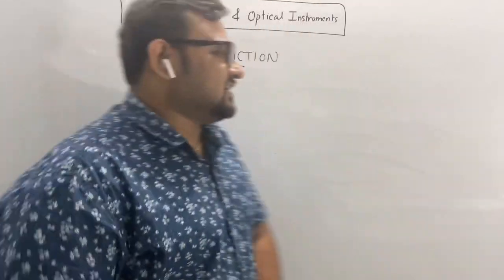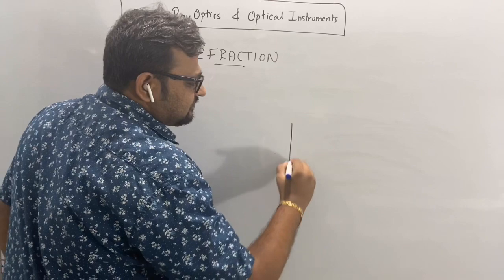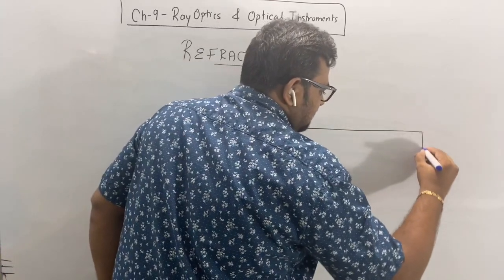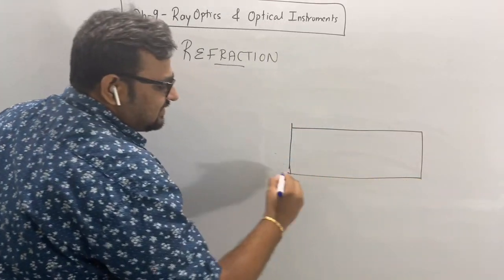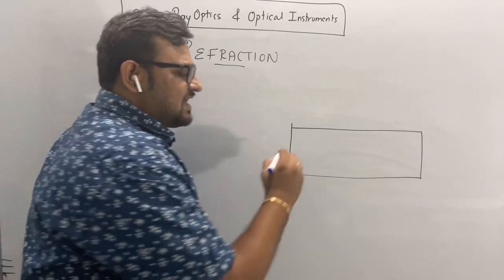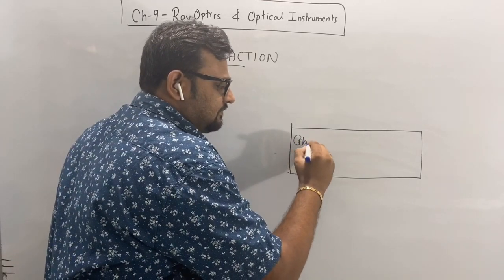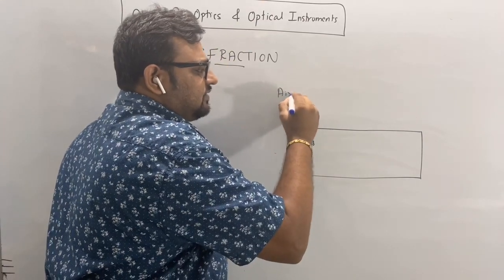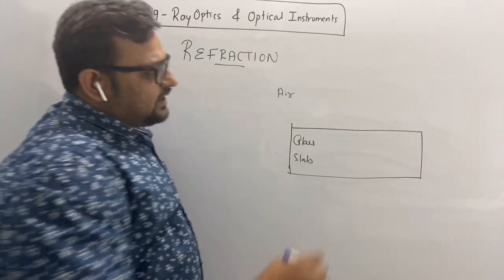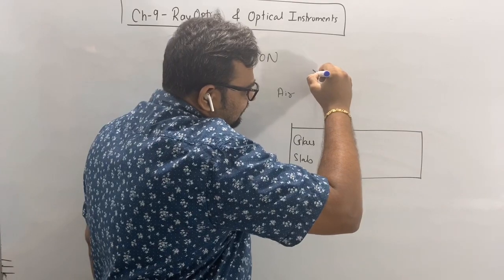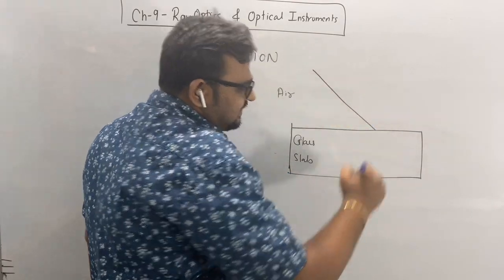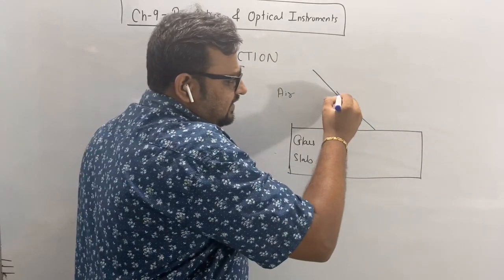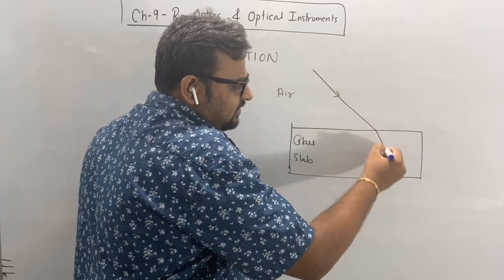Let's take an example. Let's take this is a glass slab, and here it's air. Now, what happens whenever a ray of light enters from one transparent medium to another?